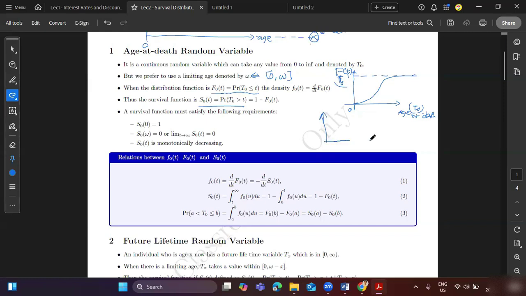Motivated from that point, we can find the corresponding survival function. Here, I should use the other.